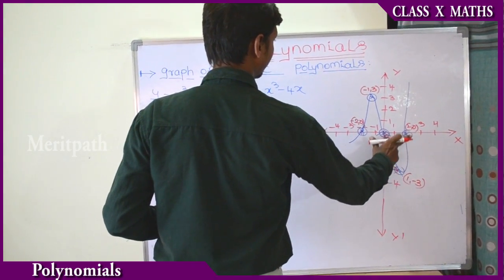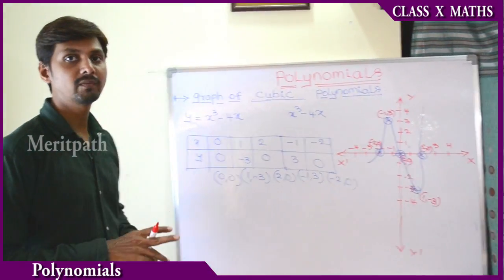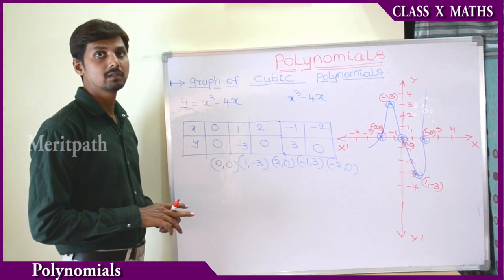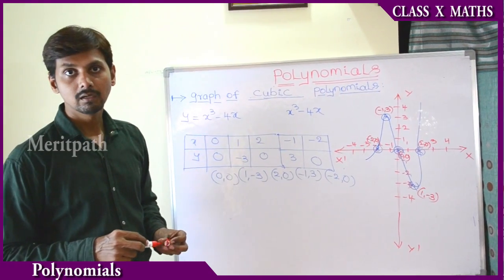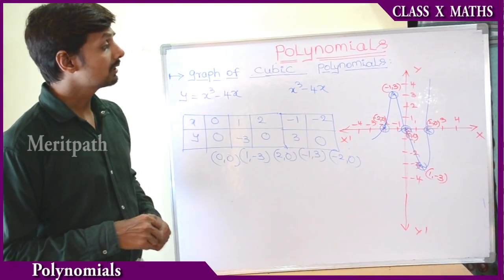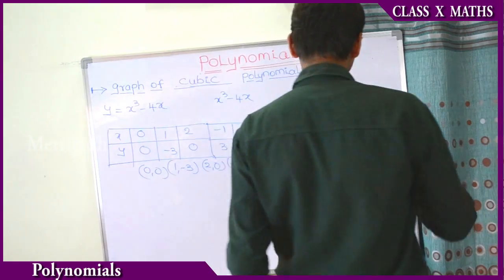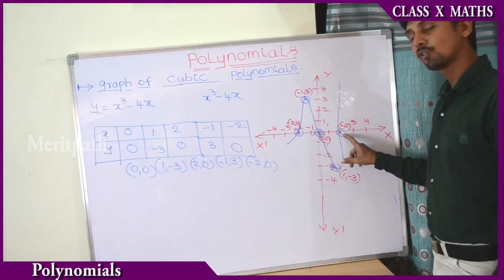These are the points we got after plotting the points on the graph. So this is a cubic polynomial, and we got here these 3 points on the x-axis.